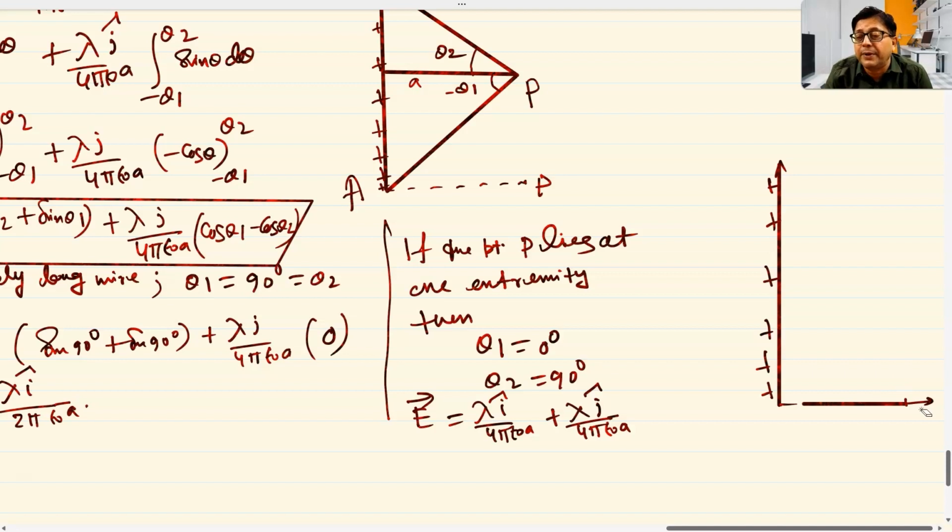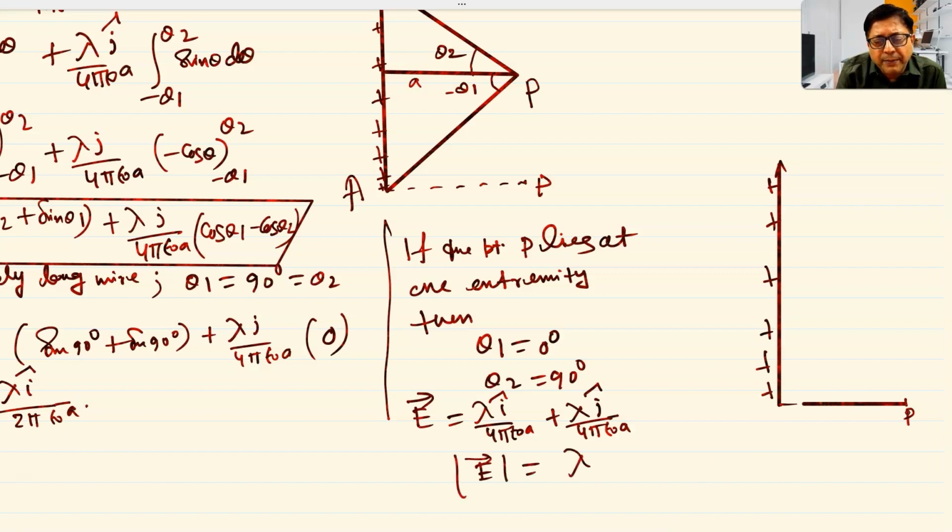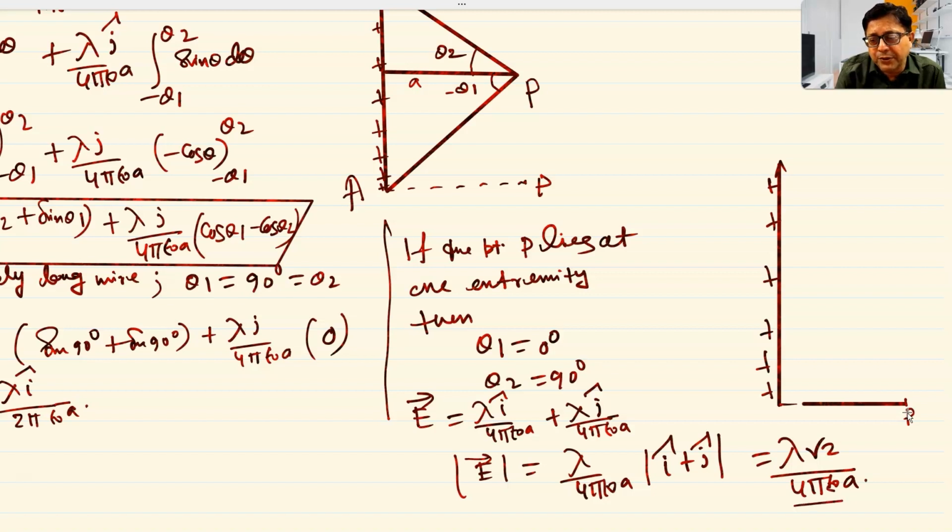But this time the resultant field will be mod E equal to lambda by 4 pi epsilon-0 a times mod of i plus j, that is lambda root 2 by 4 pi epsilon-0 a. I hope you have understood.